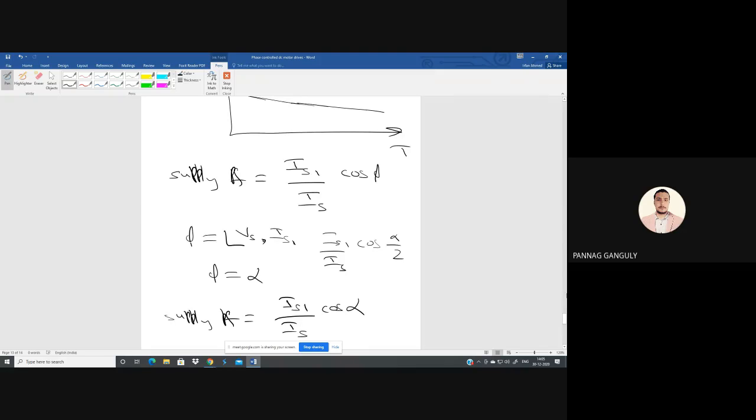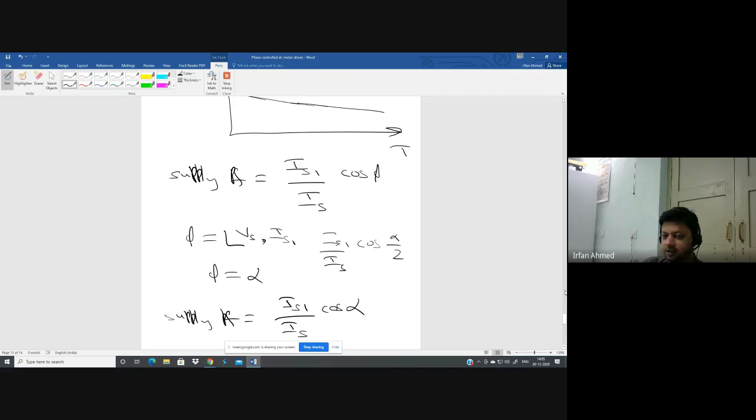Sir, ratio of IS1 and IS will remain constant, sir. No, it will not remain constant. It depends. IS1 by IS, the formula is different for half converter. I don't remember that formula, but that formula is different for half converter.